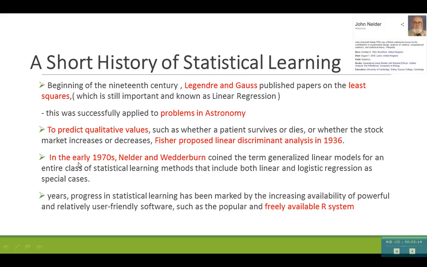And in the early 1970s, Nelder and Wedderburn explained a class of statistical learning methods that includes both linear and logistic regression as special cases. And this year we use R programming and SPSS software in statistical learning. So these are the new application software to calculate statistical problems.